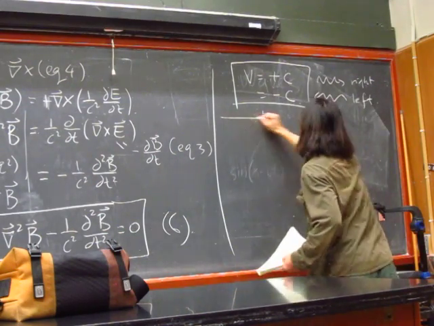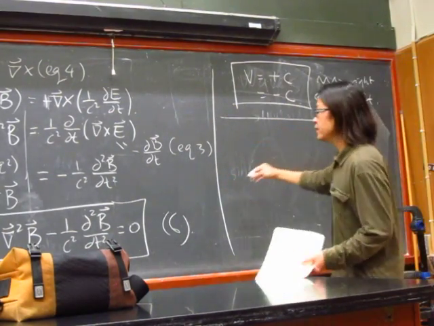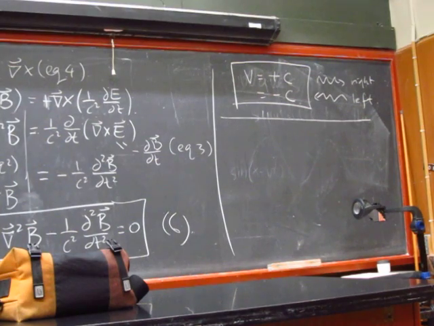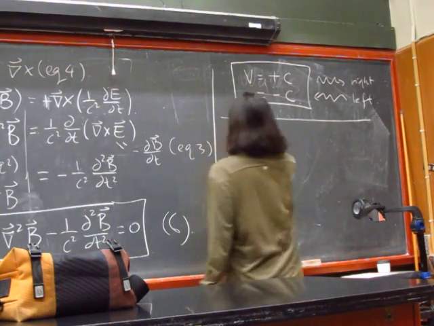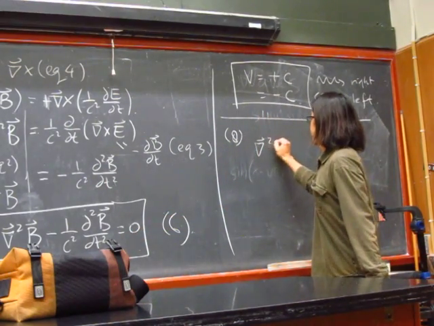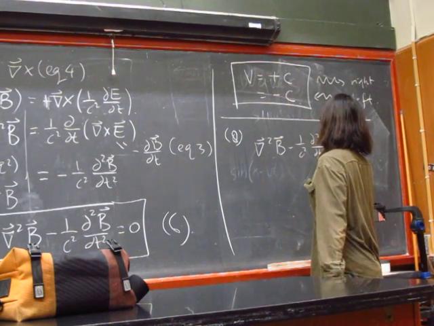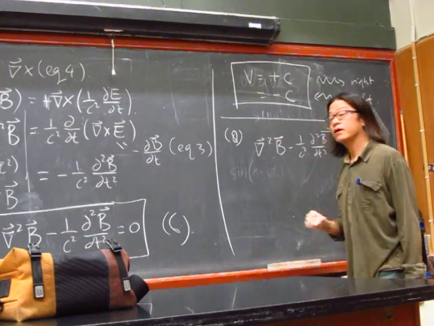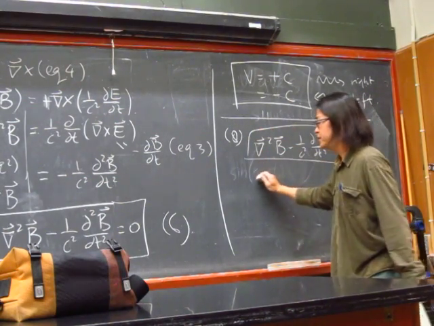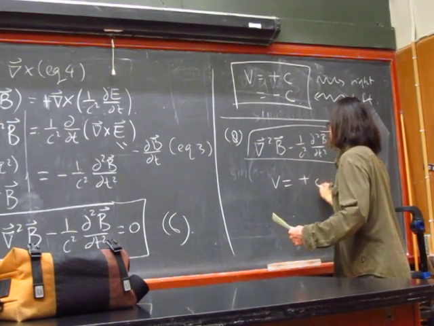You can do the same thing. It turns out it's redundant, but make sure that you check. Let's call these equations number 7 and 8. You see there's a lot of equations. If you substitute equation 8 into the Helmholtz equation for the magnetic field, you will also get a condition that v is equal to plus c or minus c.